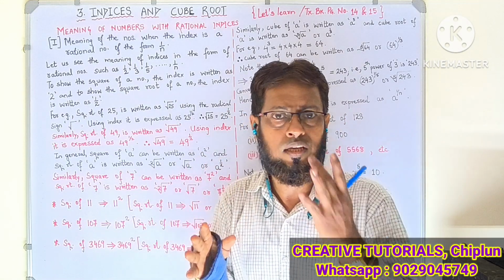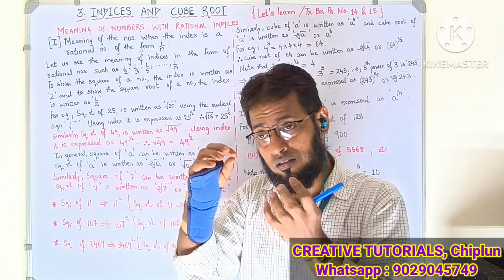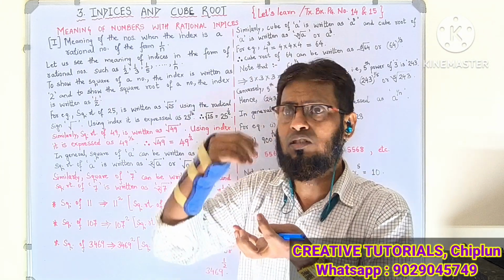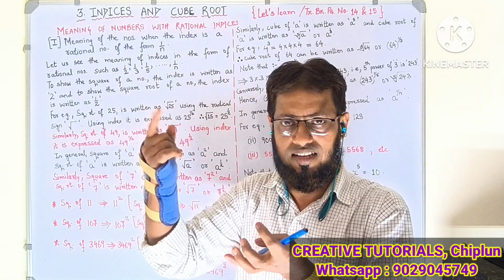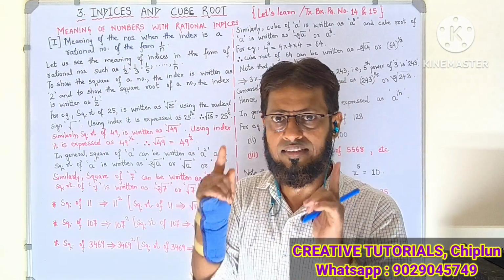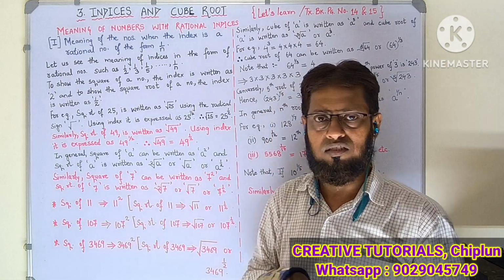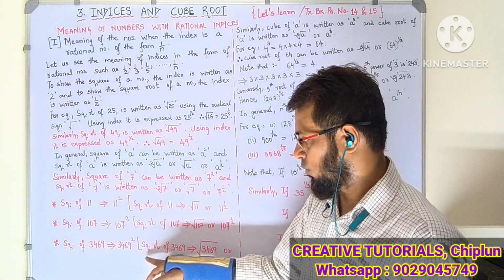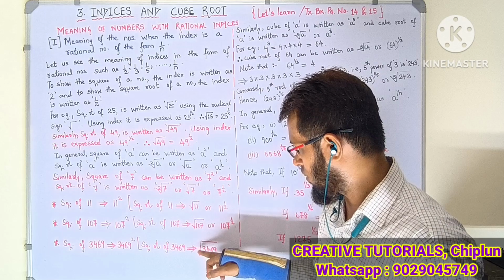It is understood. Okay, whenever we have a root more than 2, that is, above square, it will be cube, 4th root, 5th root, and so on, that time only you will write that number in that pocket. So since it is a square root over here, we are not writing 2 in this pocket.